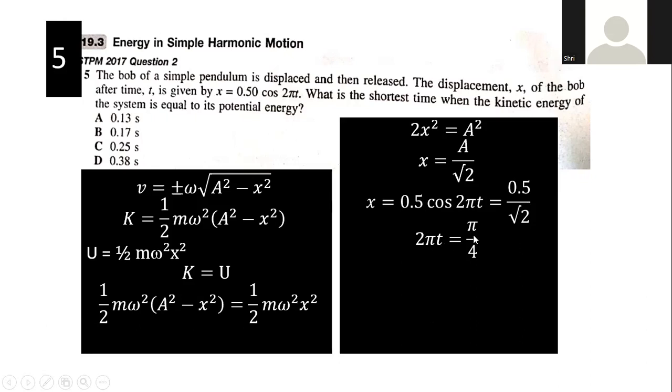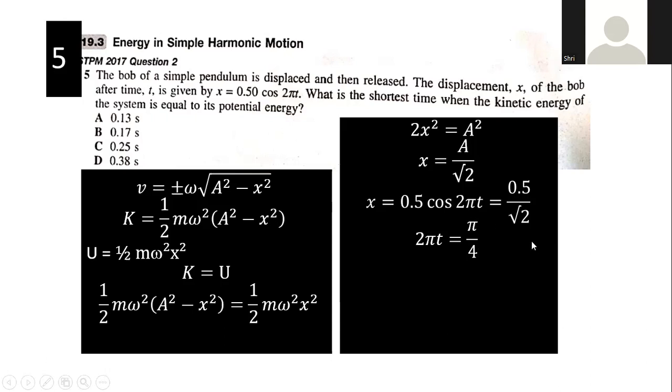Pi over 4. Okay, for this one, you want to cancel your 0.5. So 0.5, you know that 1 over root 2 equals cos pi over 4.